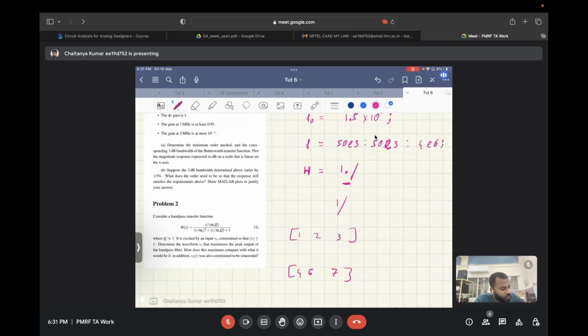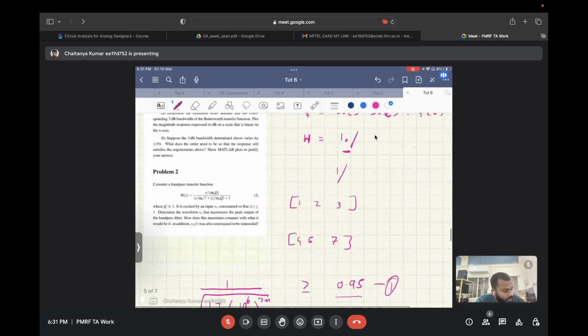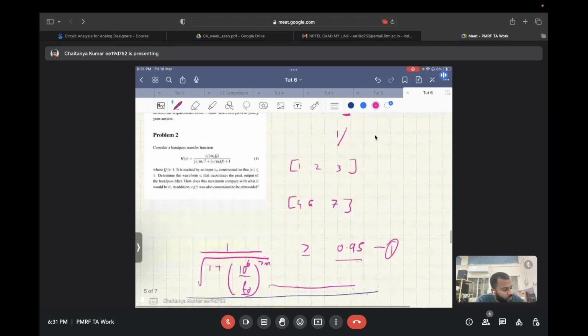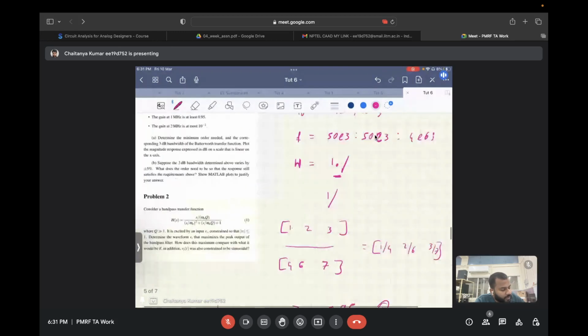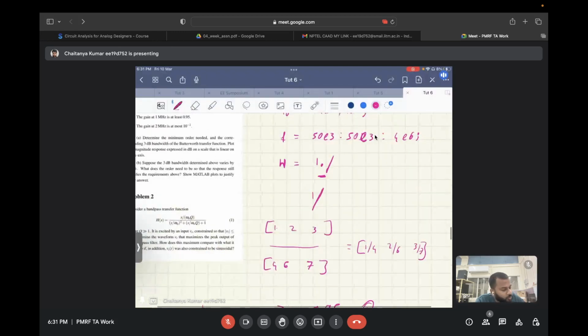Let's say you want to divide 1 by 4, then 2 by 6, then 3 by 7, and store them as separate elements of an array. So you need an array that is 1 by 4, 2 by 6, and 3 by 7. In that case, you shouldn't use the regular division sign. You should put a dot and then the division sign. Same goes with multiplication and exponentials.